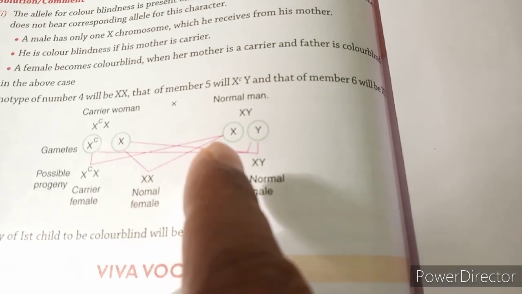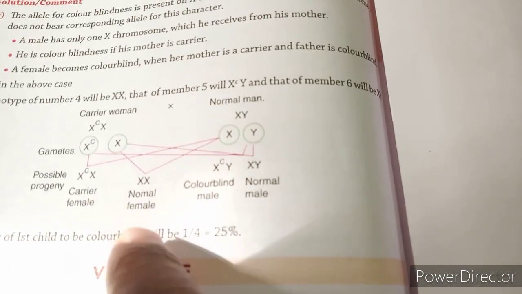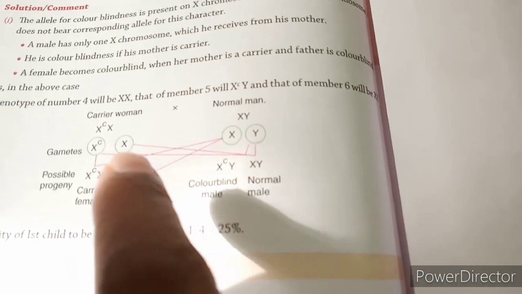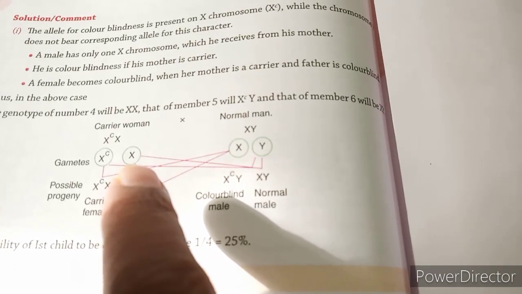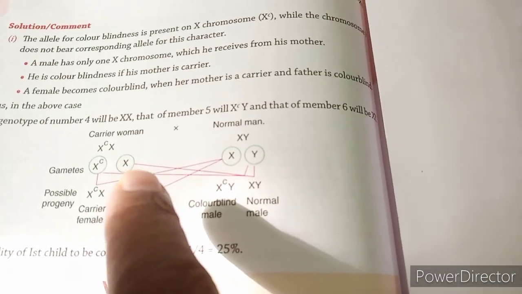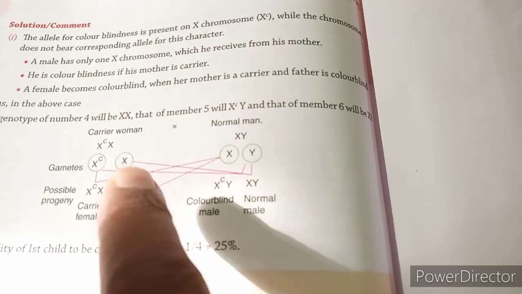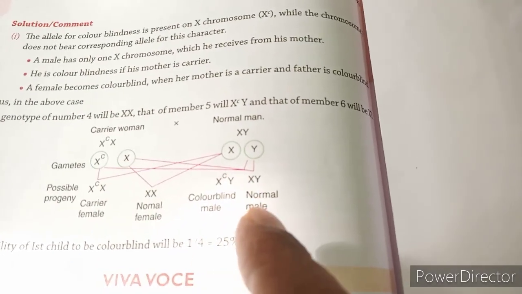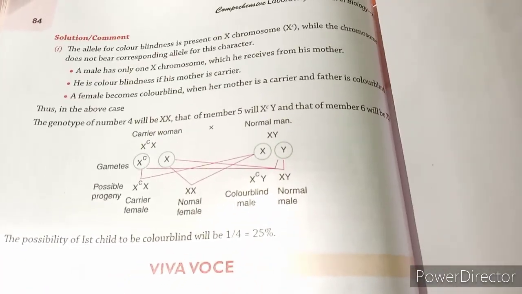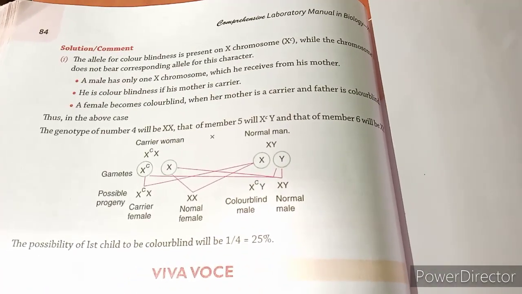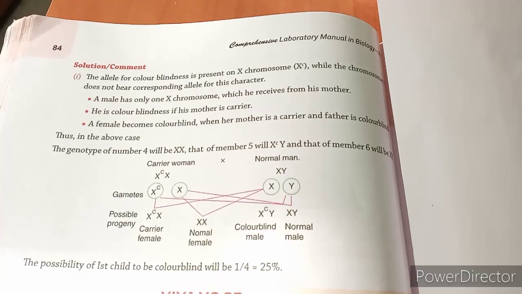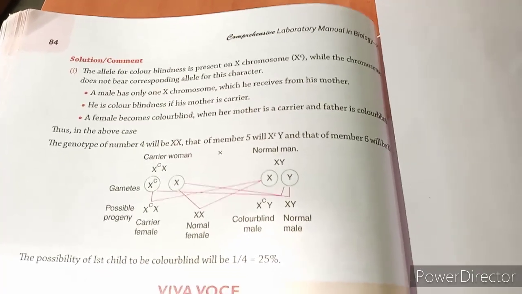When it fuses with the normal X gamete, then the daughter is born who is normal, and when the normal X gamete fuses with the normal Y gamete, the son is also normal. So the possibility of the first child to be colorblind will be 1/4, which is only 25%.